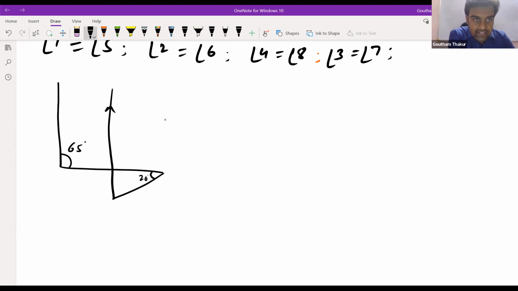Given that these 2 lines are parallel, how do I find the value of x? Can anyone tell me the answer? I'll give you half a minute to solve this.